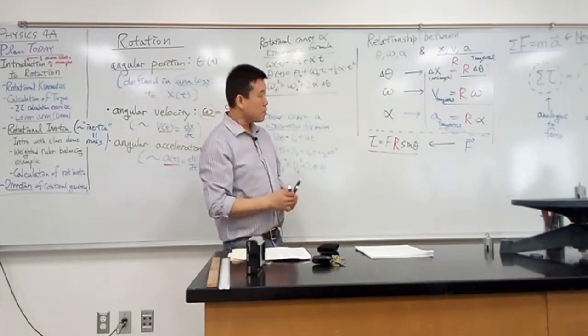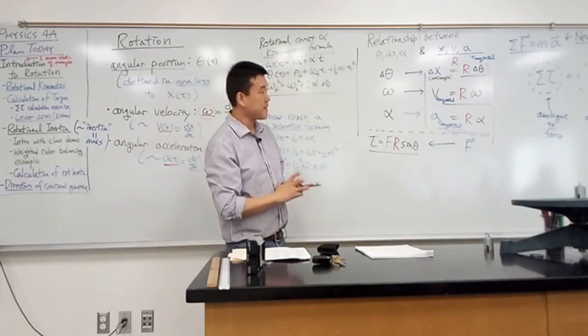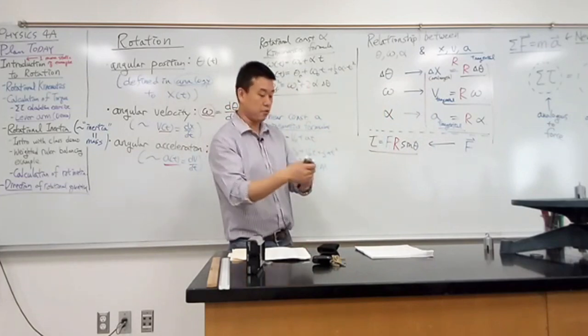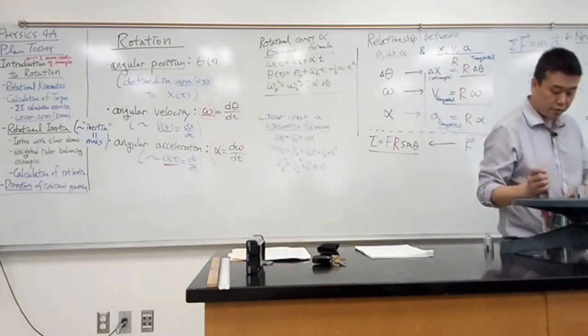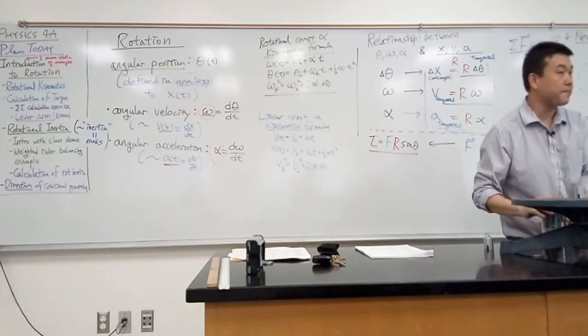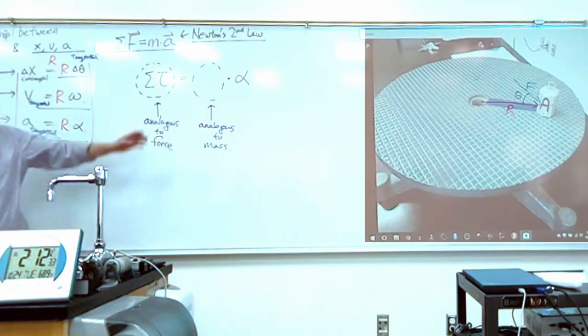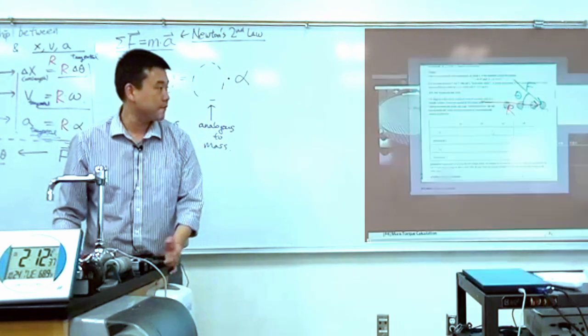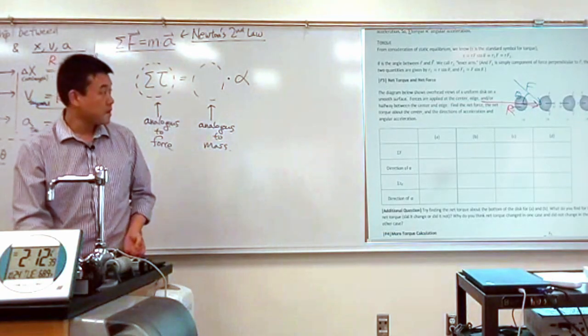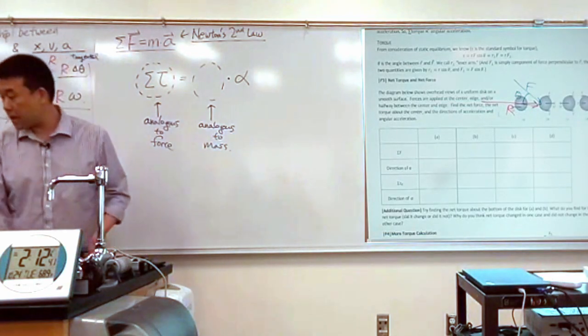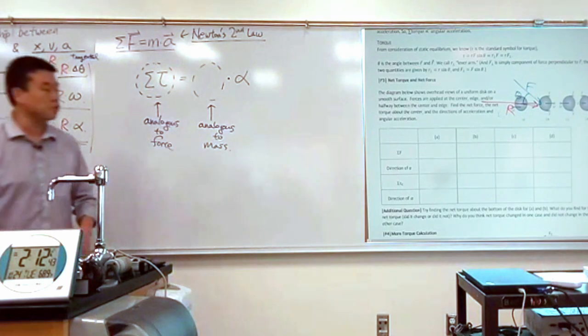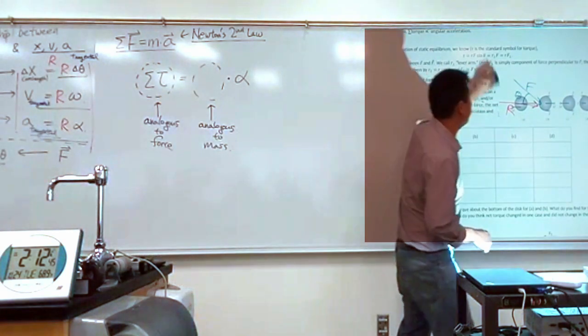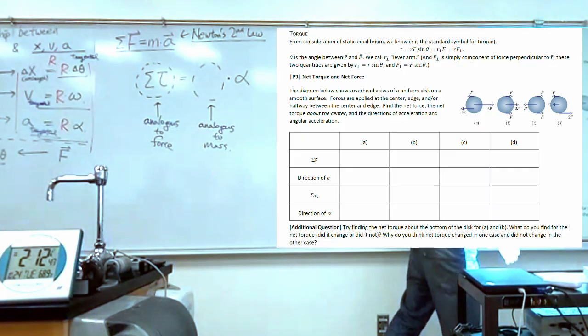So here's an exercise that I want you to go through, taking a little bit of time, because this will illustrate something surprising about net torque. Something unexpected, but it sort of makes sense overall. This is on page 2 of your worksheet 11, problem 3.